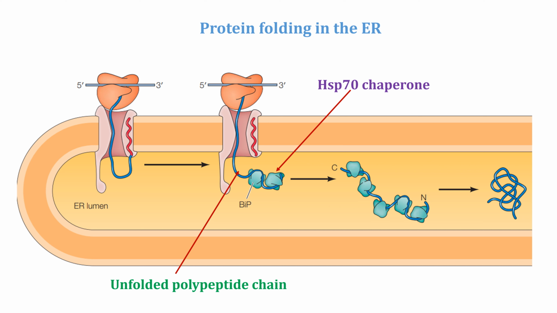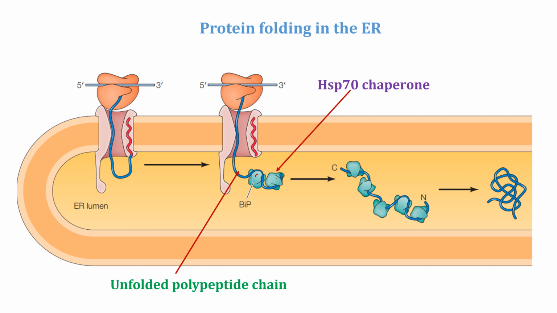In this figure, you can see the chaperone molecules, BiP, which is thought to bind with the unfolded polypeptide chain.